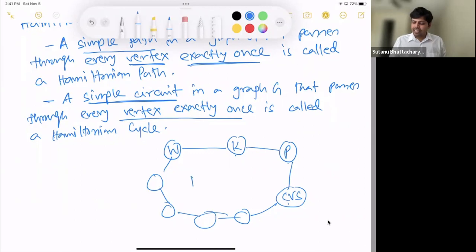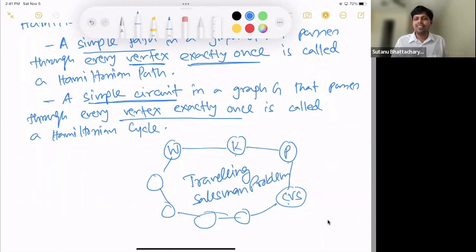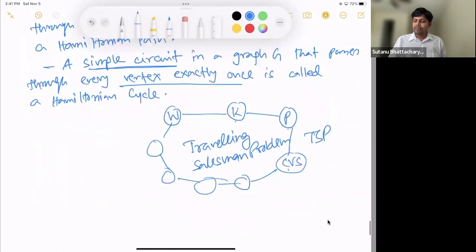That is called the traveling salesman problem, a very famous problem. And there is no efficient solution for this problem. Efficient solution means efficient in terms of time. TSP is one of the hardest problems in computer science. And if you can give an efficient solution for TSP, then you will get something like a Nobel Prize.